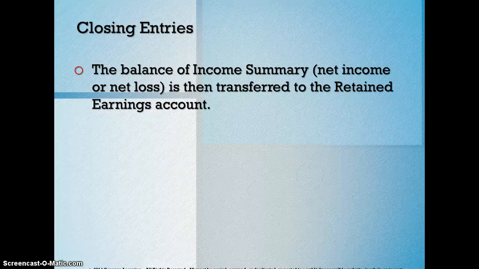So we are taking essentially what the company has made or lost for this time period, and we're rolling it into our retained earnings account. And retained earnings is where we keep all of the information for the life of the business. How much income has the company made over the lifetime of the business?